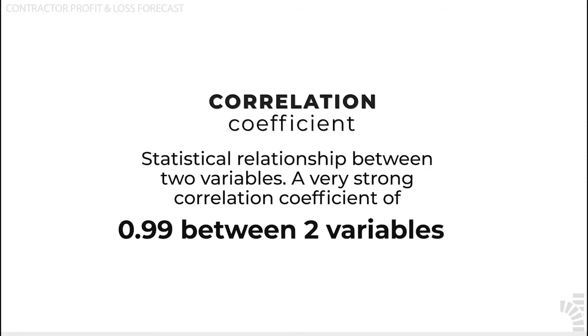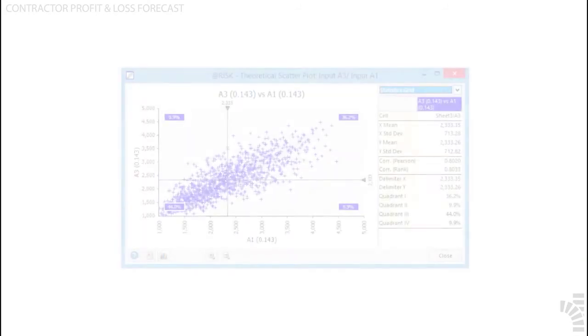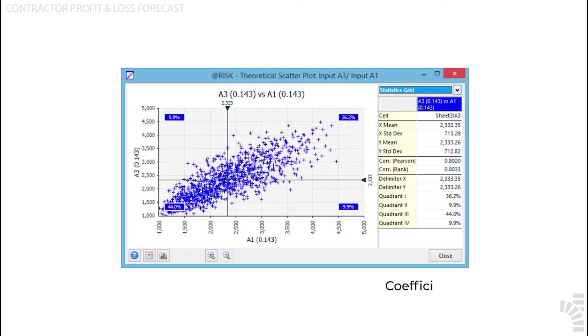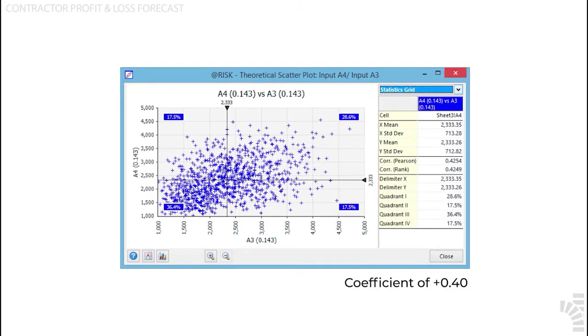A very strong correlation coefficient of 0.99 between two variables would look like this. A mildly strong correlation coefficient of 0.80 would look like this. A mild correlation of 0.4 between two variables might look like this.